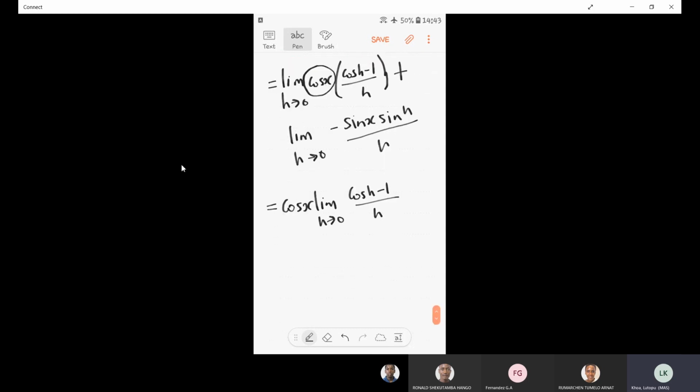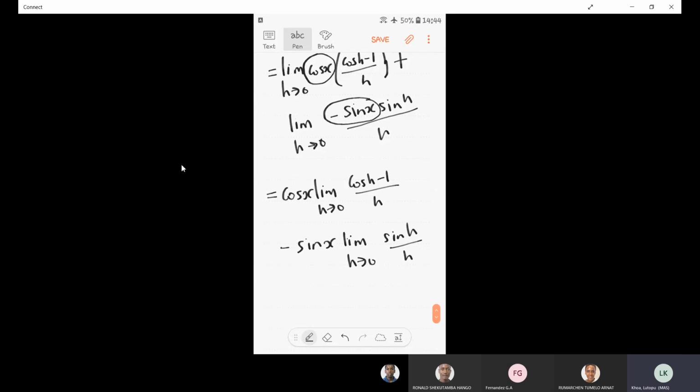And then here again, this minus sine x has nothing to do with h. So whatever h is increasing or decreasing to has no effect on sine x. So you can also take it out. So I have minus sine x, then I have the limit as h goes to 0 of sine h over h.